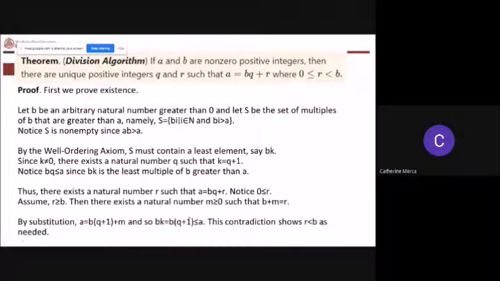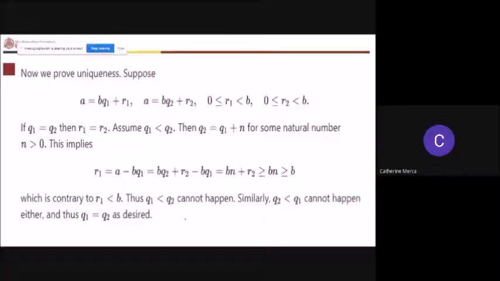How about uniqueness? Suppose your A is expressed as BQ1 plus R1 and BQ2 plus R2, where R1 is between 0 and B and R2 is between 0 and B. We are to show that these are the same. So suppose your Q1 and Q2 are equal.